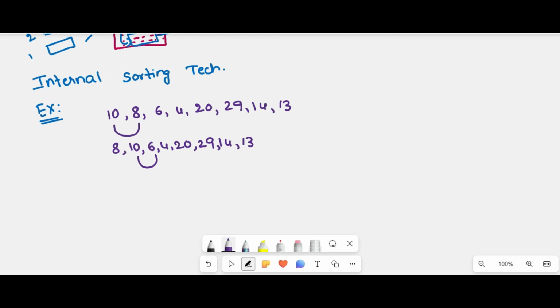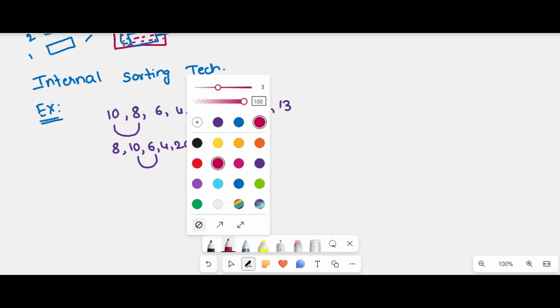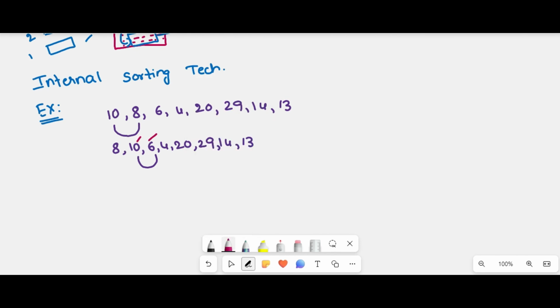Next, again successive elements are compared: 10 and 6. These two are not in proper order, since the first element is larger than the next. So we have to swap these two numbers.